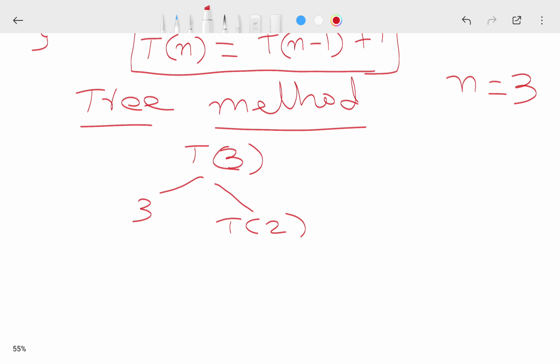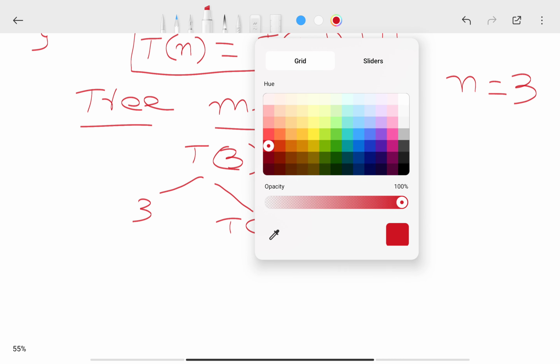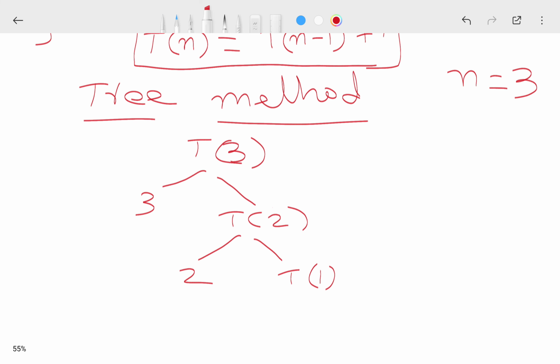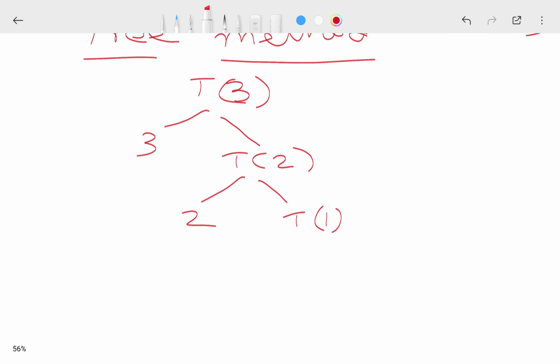Again, this T of 2 will get executed. In this T of 2, first it will print 2. Then it will call the function T of 1. Since 1 is greater than 0, the if condition will be true, so it will print 1.